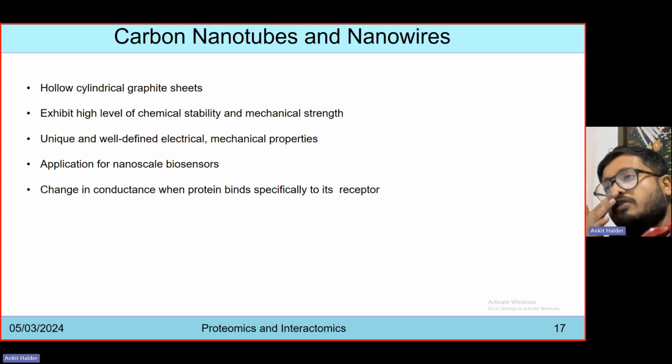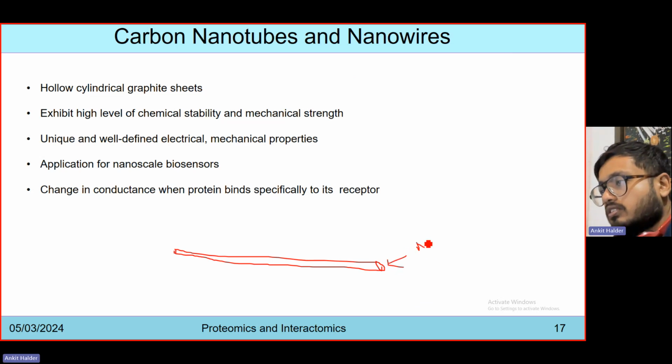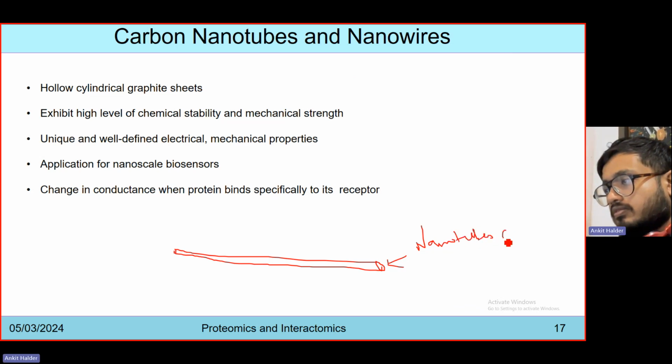Among which, one type of technology is the carbon nanotubes or nanowires.